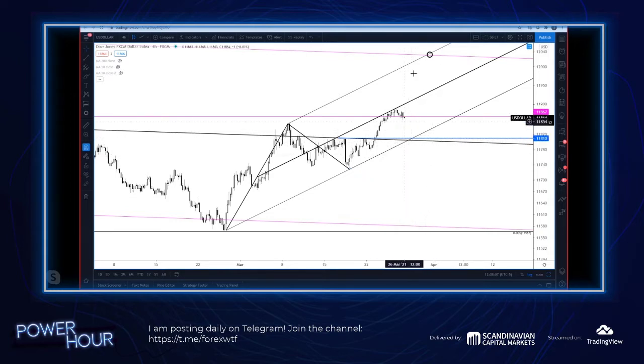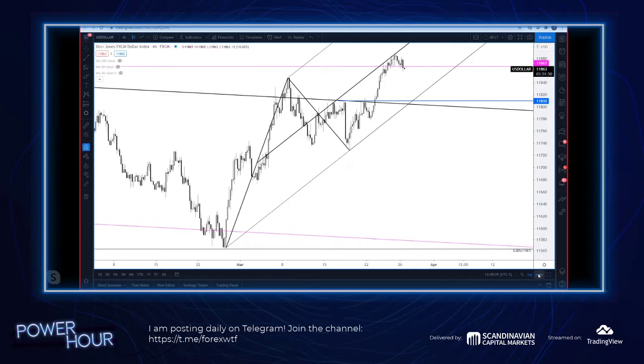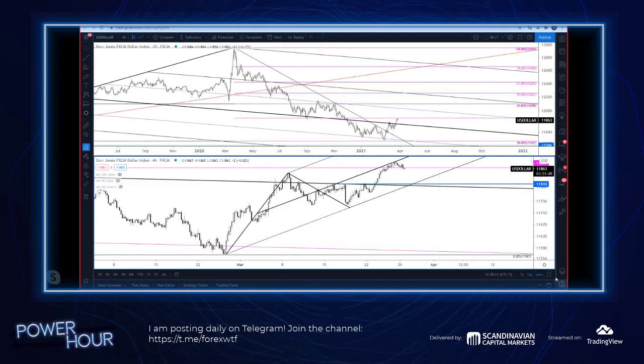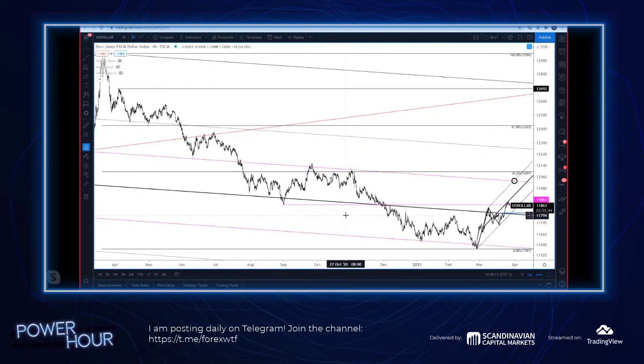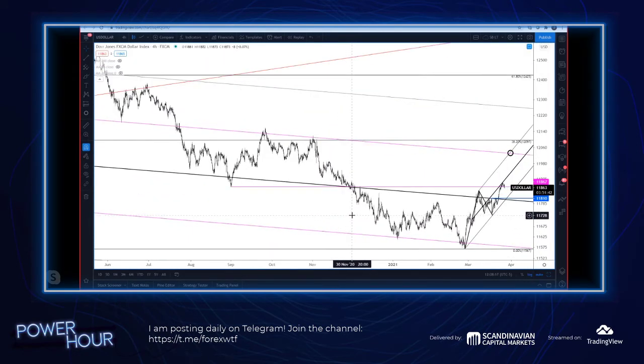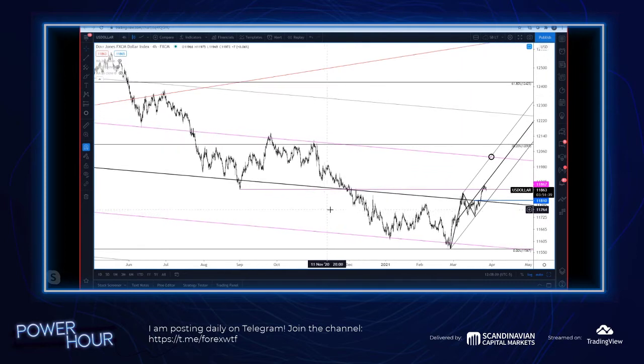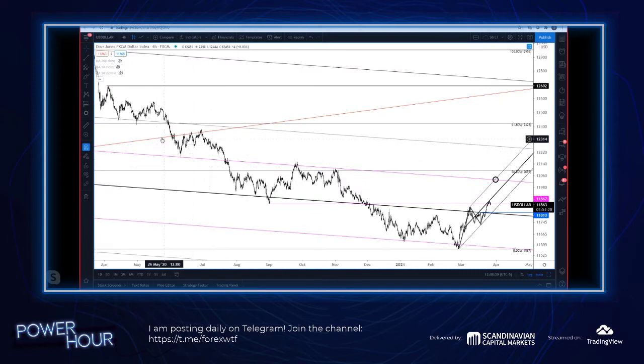Now, eventually, the big level for resistance in the dollar, where I'd really want to turn dollar bearish again if we got there, would be up here about 120.30 or so. That's a parallel that you can see had been precise support and resistance since last summer, last June.